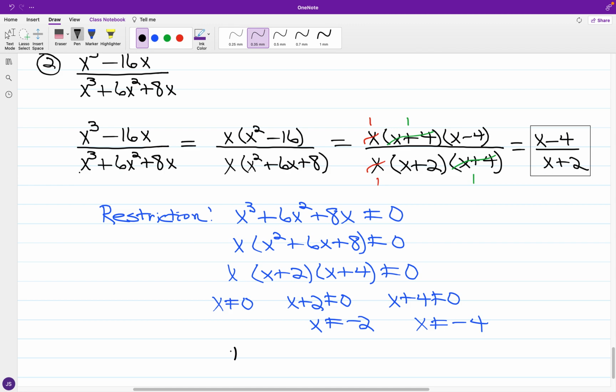In this case the restricted values will be this trio, and it does not matter what order they come in. So you have 3 restricted values: 0, negative 2, and negative 4. The reason we have 3 is that in the original ratio, if you plugged any of these into x, you would have a 0 valued denominator.